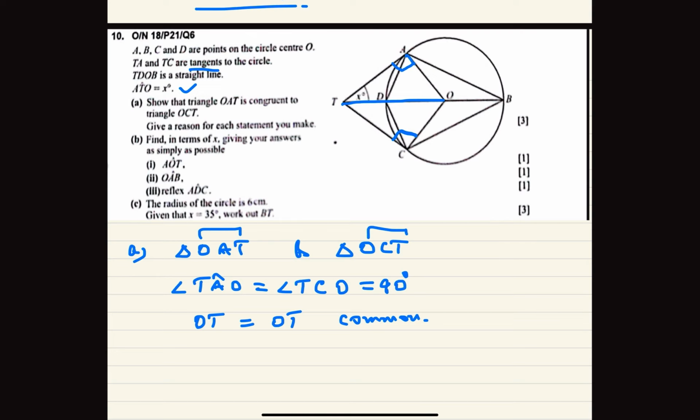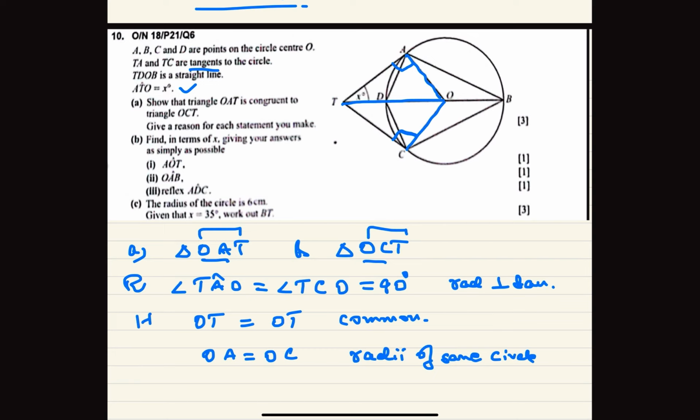And if you see OA and OC, they should be equal, and the reason for them is they are radii of the same circle. And the reason for the 90 degrees is radius is perpendicular to the tangent, right? You have to give reason. So this is in a right angle triangle, you managed to prove hypotenuse and one other side equal.